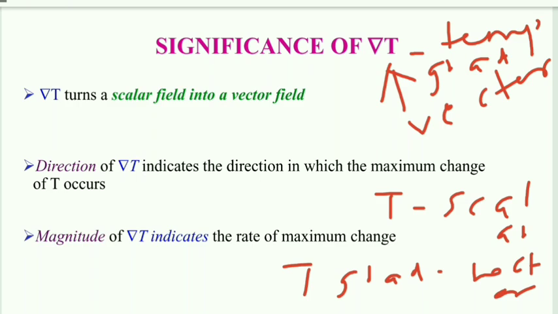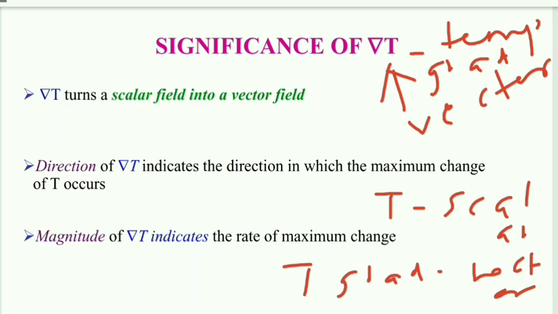We know that a vector has both magnitude and direction. Let us see what the magnitude and direction of the gradient mean. The direction of the gradient del T, the temperature gradient, indicates in which direction we will feel the maximum rate of change of temperature. Let us take our home.